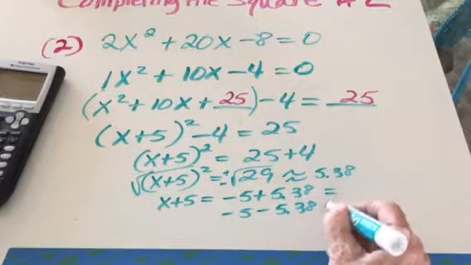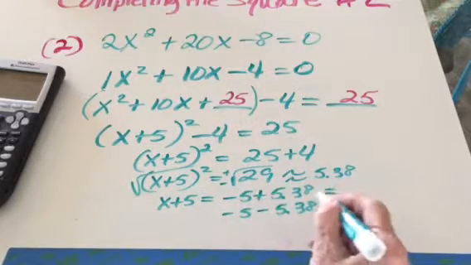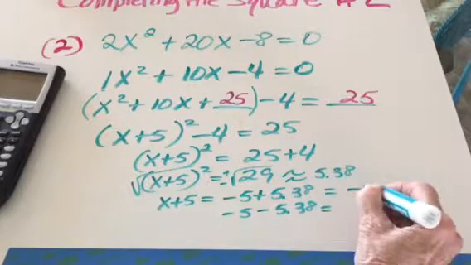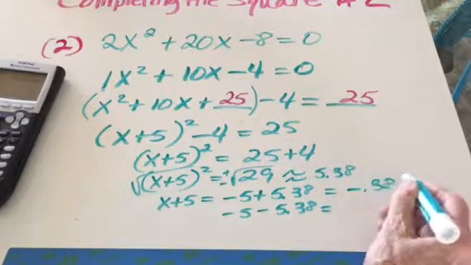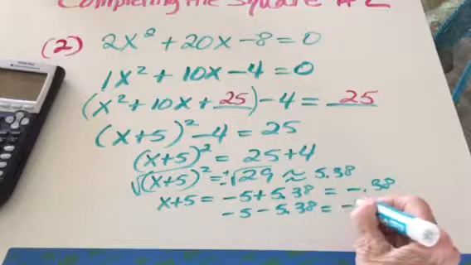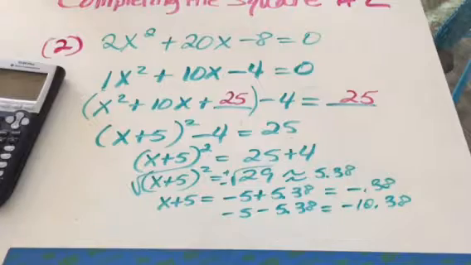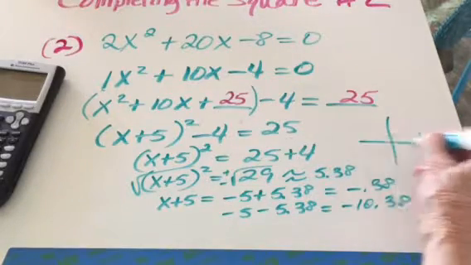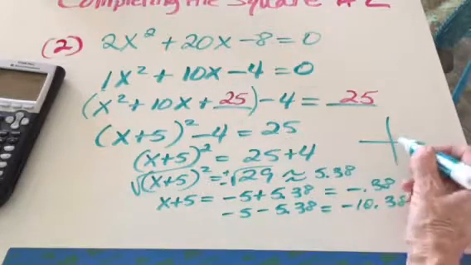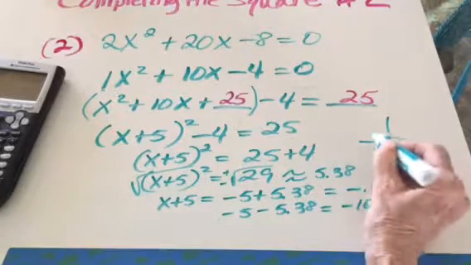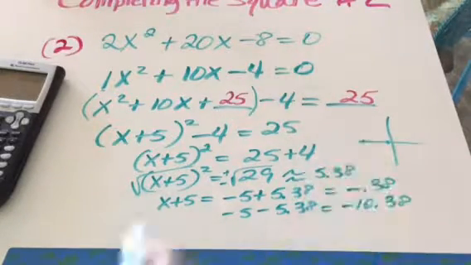And when I combine those two things, this will just be -0.38, and this will be -10.38. All right, so when you're graphing this thing, this -0.38 is going to be right there somewhere, and the -10.38 is going to be way over here somewhere.